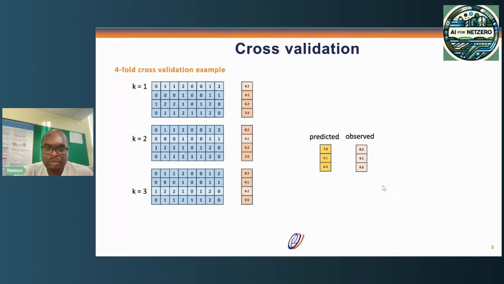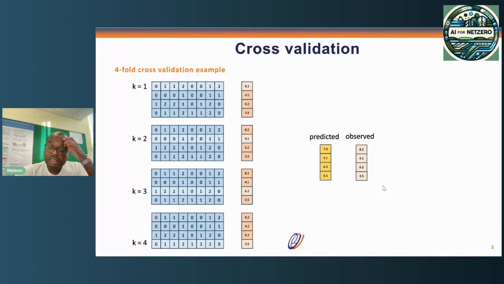So for instance, if you can click it again, please. In this case, you have these 4 sets. Once the model is running, you train a model. You first predict the first set based on the 3 sets, and then you're able to get the prediction accuracy, which is the correlation between the predicted values and the actual values.